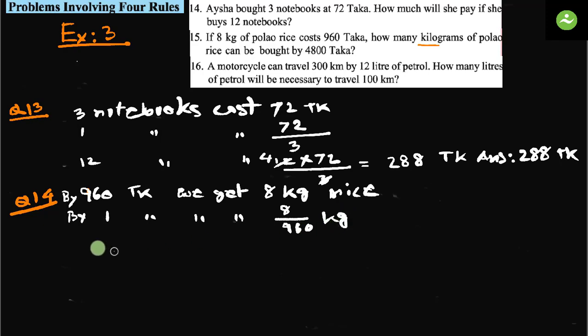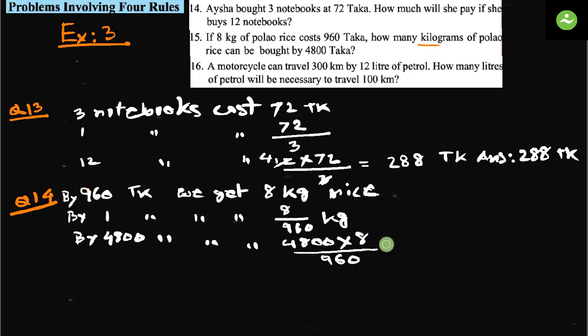By 4,800 taka we get 4,800 up into 8, and below there was the 960.